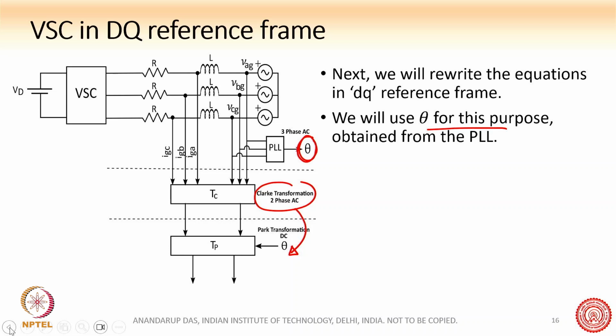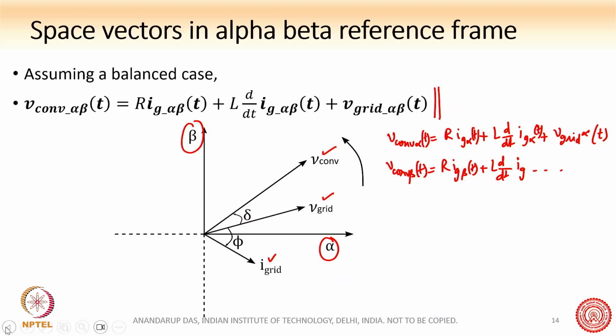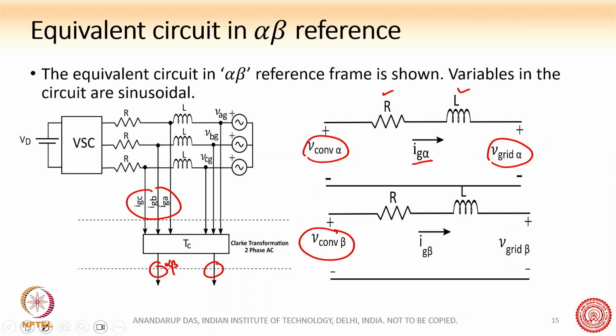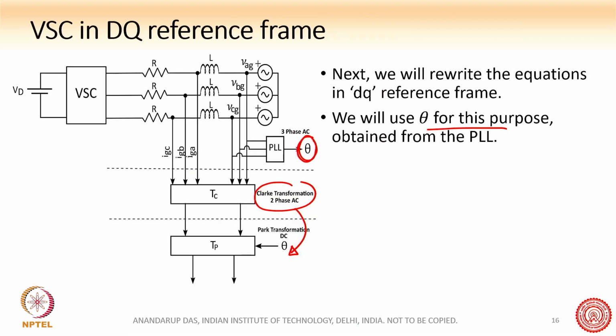Suppose here in the diagram, if this is the stationary axis, the grid voltage space vector is moving with respect to the stationary axis, and this angle is basically the theta angle, which we will explain later in another phasor diagram and another space vector diagram. So this theta is needed when we want to do the dq transformation, the Park transformation. We will need this value of the theta.